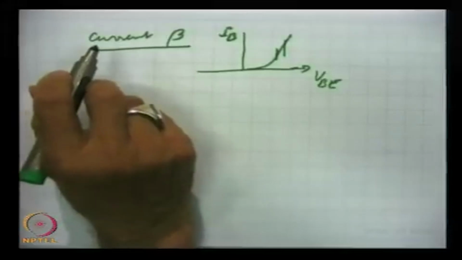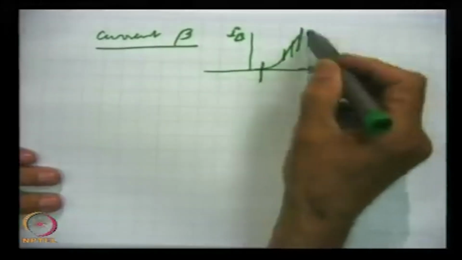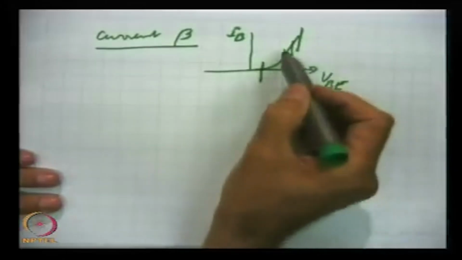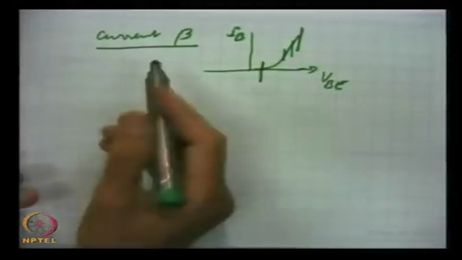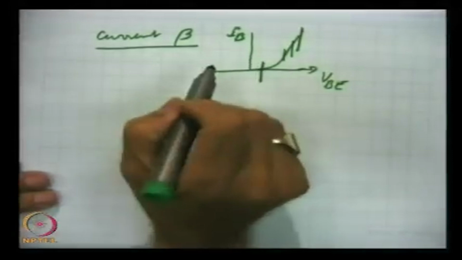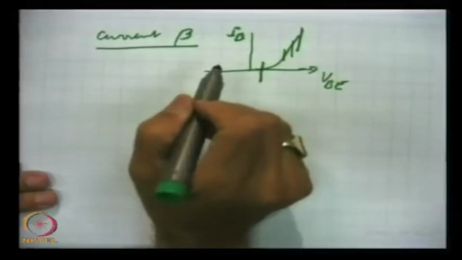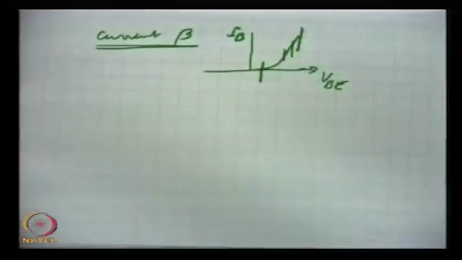But when we talk of power amplifiers, large signal, that means the whole region from here to here is involved, and the slope is varying and there is a lot of non-linearity involved. Therefore, it is important that power amplifiers are analyzed differently, because we can't use these parameters as we have done in the small signal analysis.